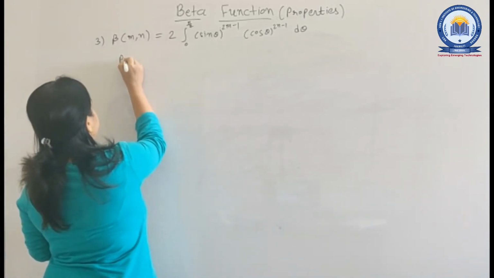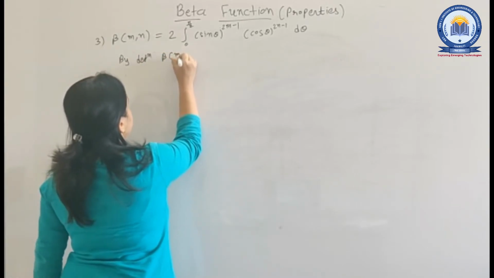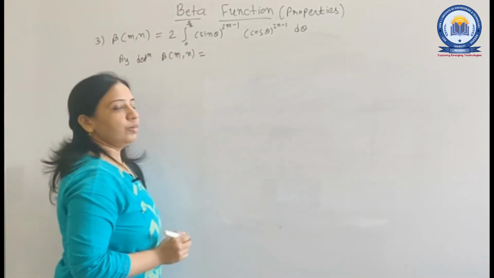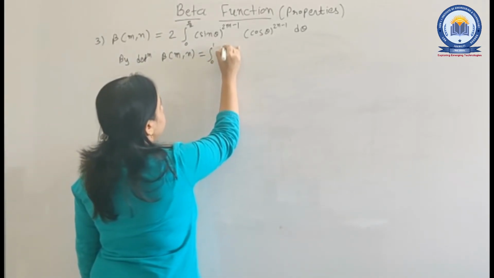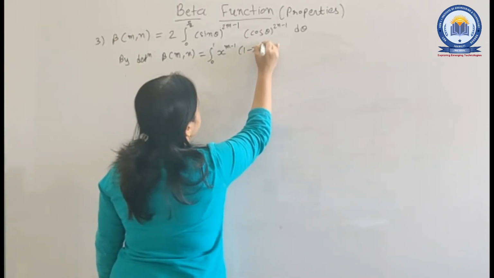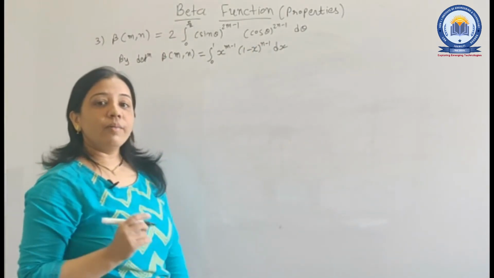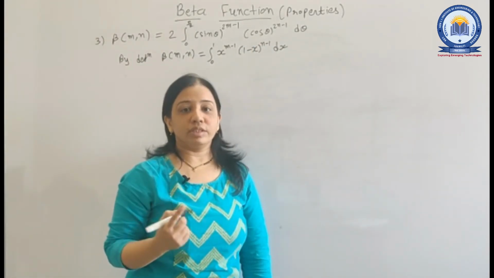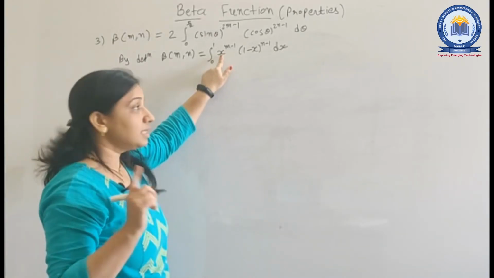So by definition, beta mn equal to the integral from 0 to 1 of x raised to m minus 1 times 1 minus x raised to n minus 1 dx. Now again same like the previous property, we'll replace x with something.